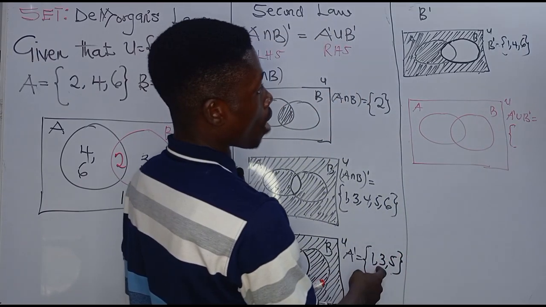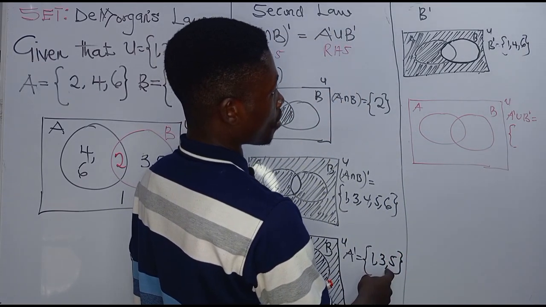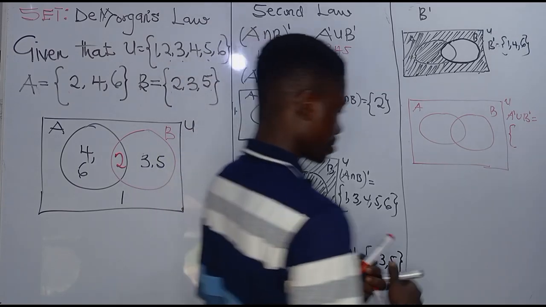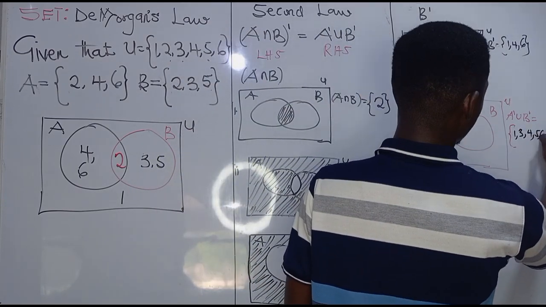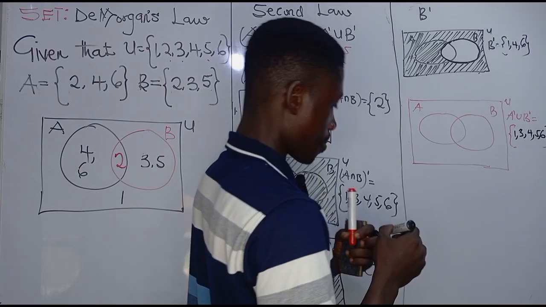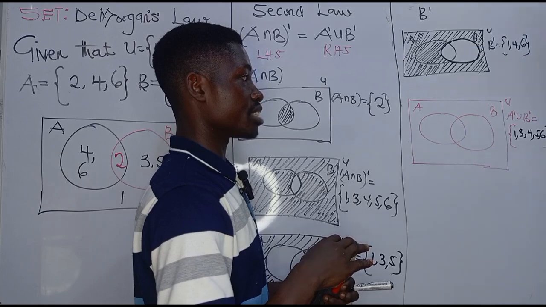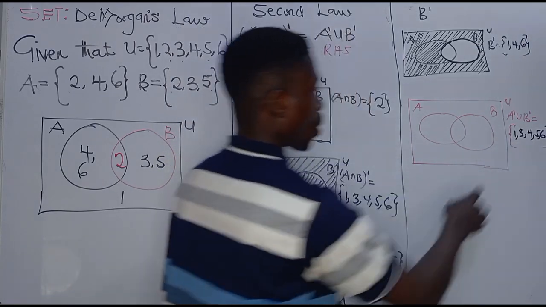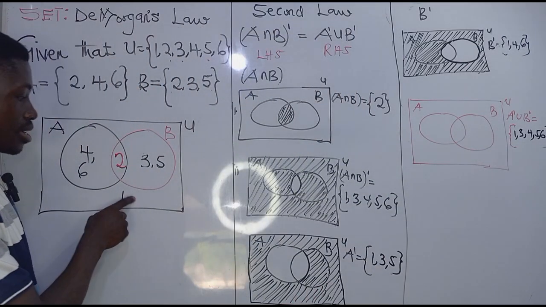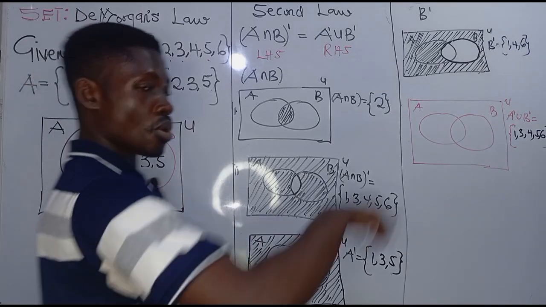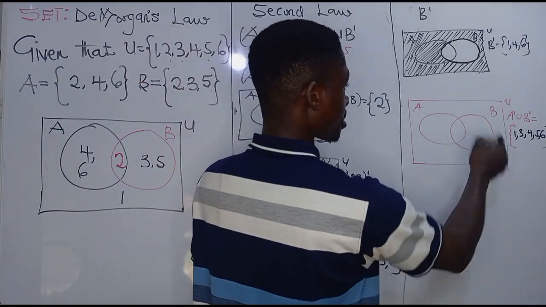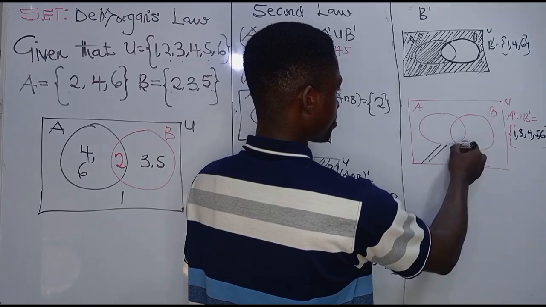So we have 1, 3, 4, 5, and 6. So it means we are going to shade all these regions, which is being represented with 1, 3, 4, and 6 from here. So 1 is all those regions outside the 2 circles, sorry.